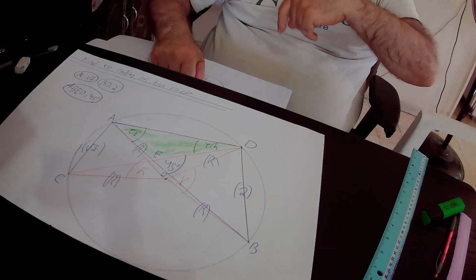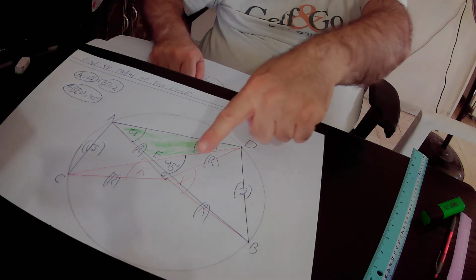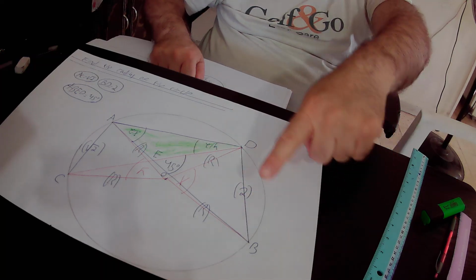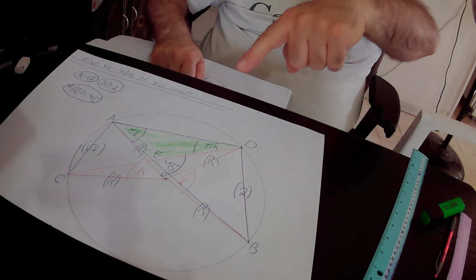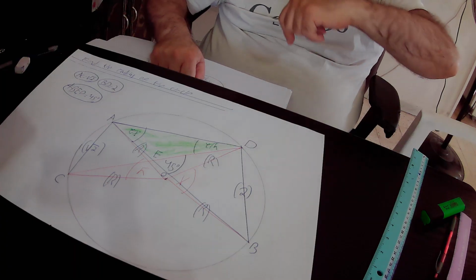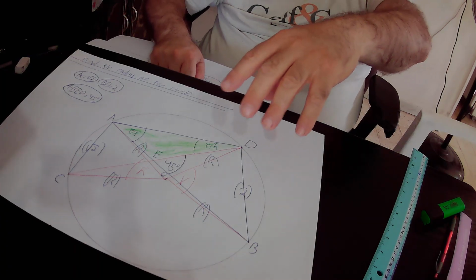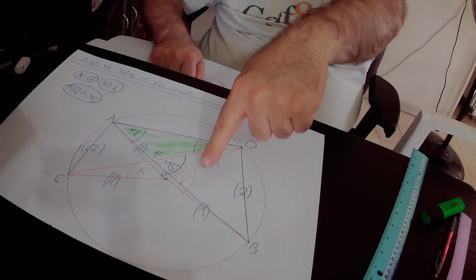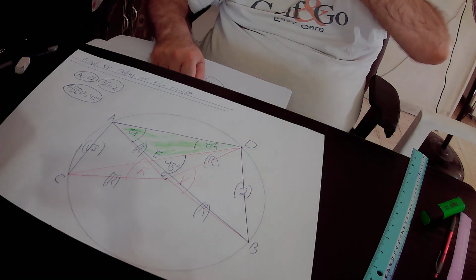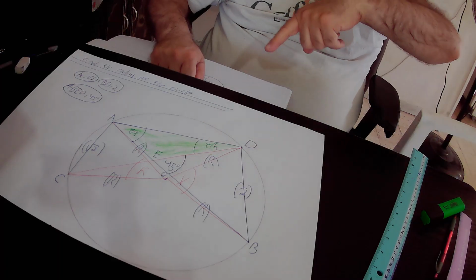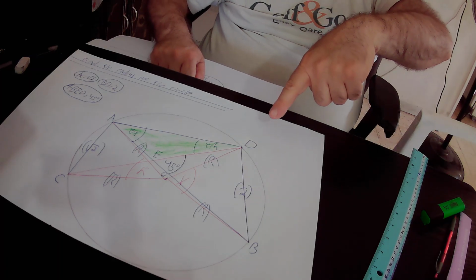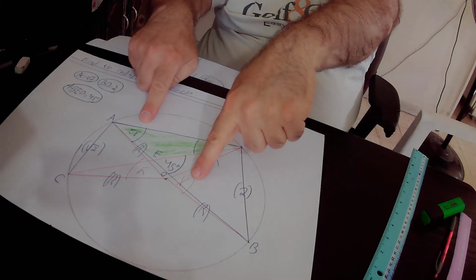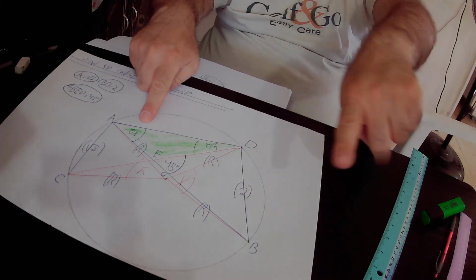In the next step, we define the center of this circle, point O. Then we join points O and B together by a straight line, and we also join points O and D together by a straight line. By doing this construction, we get central angle DOB. This central angle DOB is also subtended on the same chord DB. So those two angles are both subtended on the same chord DB.